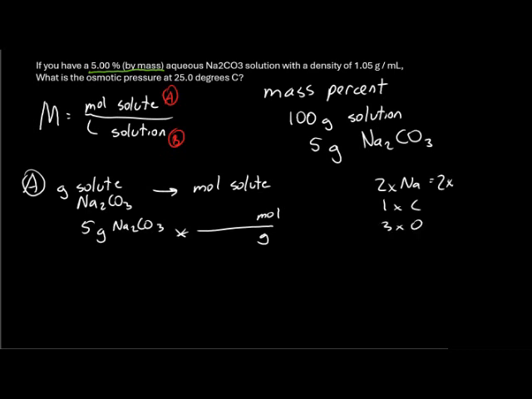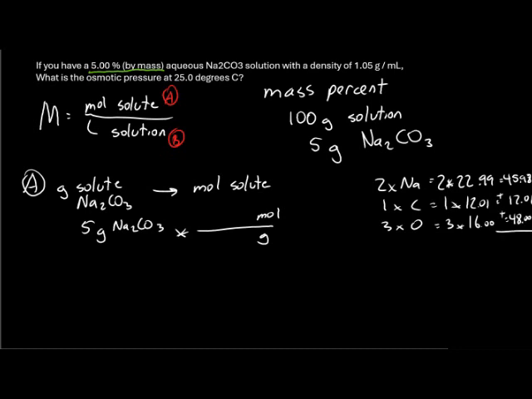So for Na, we'll say 2 times the molar mass of Na. On your periodic table, that would be 22.99, giving us 45.98. For carbon, we'll have 1 times 12.01. And 3 times oxygen is going to be 3 times 16.00 for a total of 48.00.